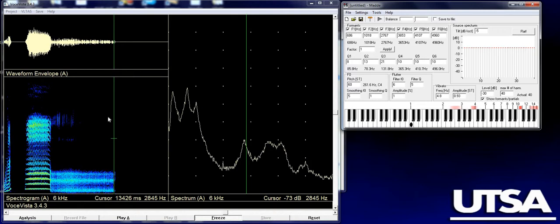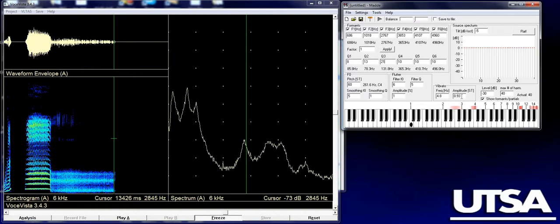So far we used a sustained vowel, just kind of reviewing what we did, to get the vibrato rate and extent measurements. Remembering in VoceVista 3.4.3, the extent measurement is from the peak of the vibrato to the trough, so we cut that value in half to put it in here, because Madde is doing a plus minus, plus and minus the central frequency.